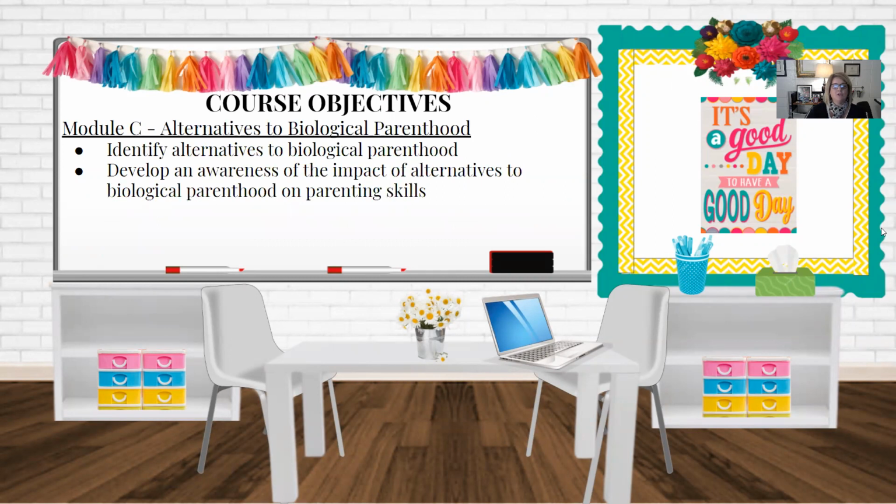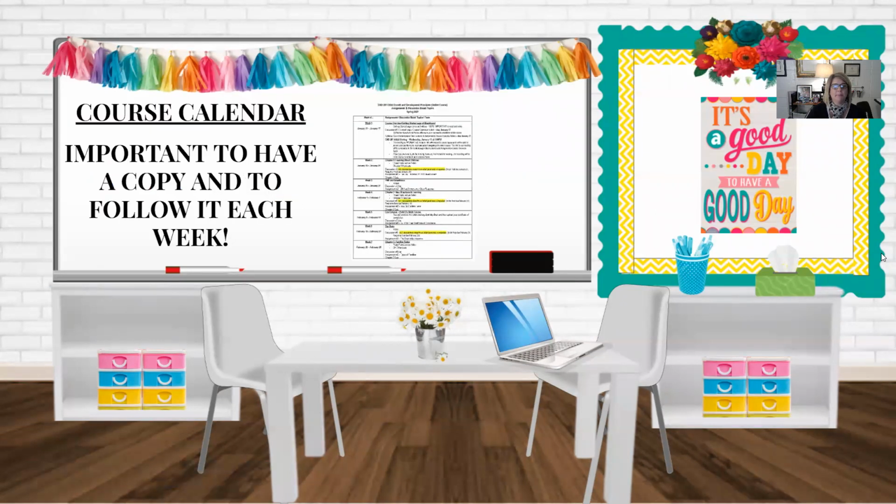And then C, alternatives to biological parenthood. What are the alternatives, and if you take advantage of one of those alternatives, how does it impact that group's parenting skills? We're going to talk a little bit about that as well.